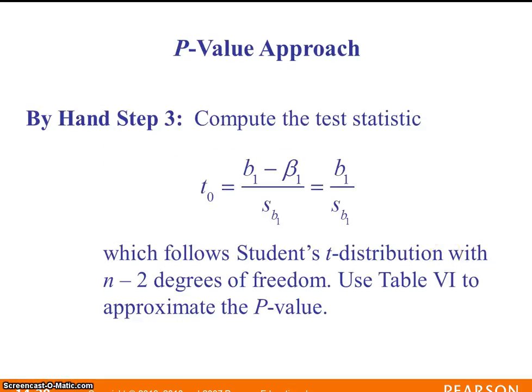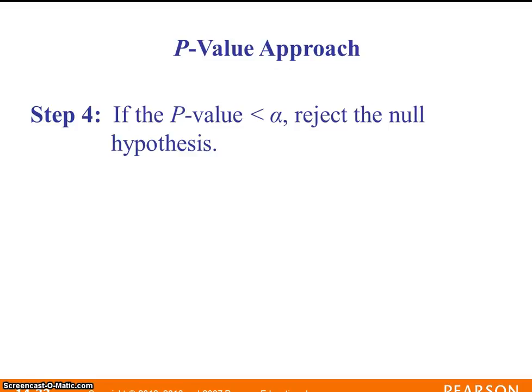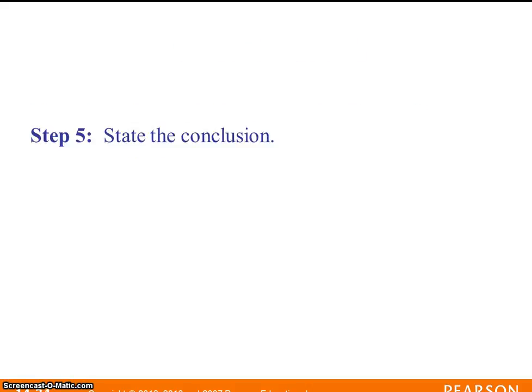With the p-value approach, you would just calculate the actual area. And if the p-value is less than alpha, we reject the null hypothesis, just as in previous sections. Let's look at an example here, and don't forget to state the conclusion, obviously.